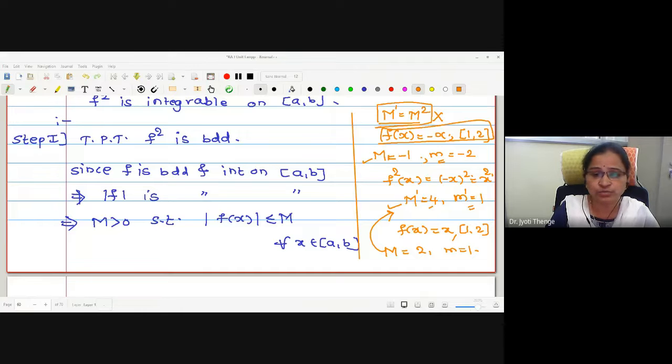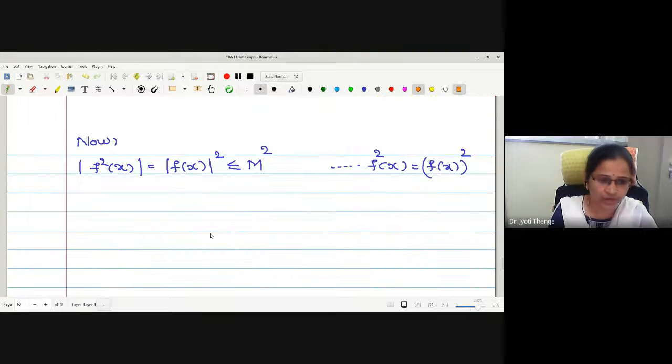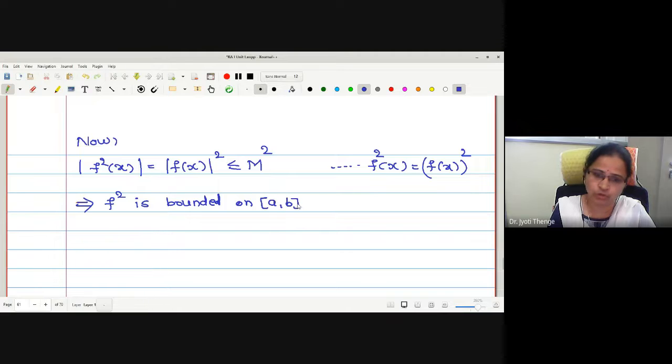We were taking the relation between bounds of mod f and f square, so that it will give us directly a square relation. Therefore, here I am going to write f square is bounded on the closed interval a to b.